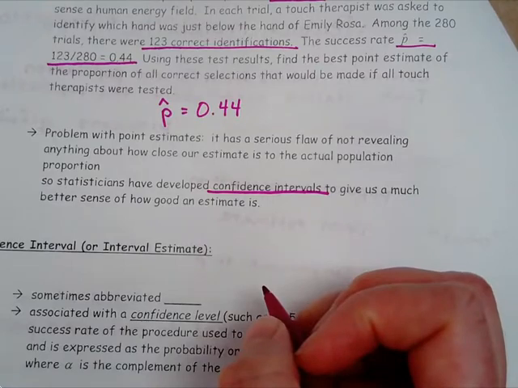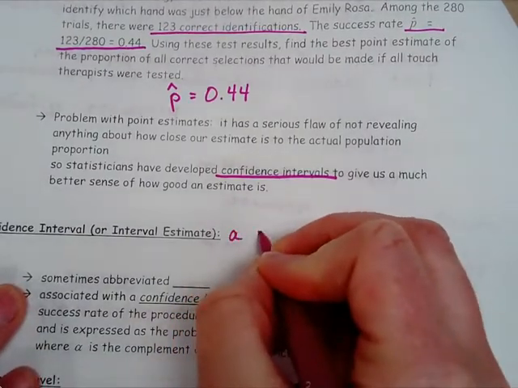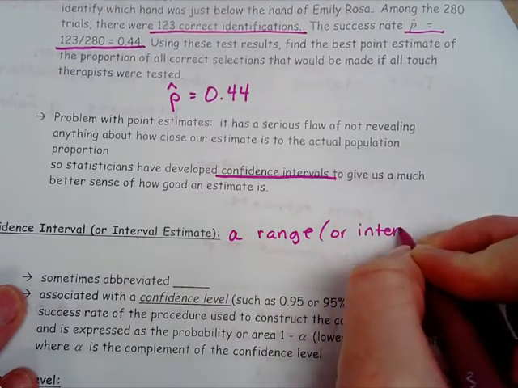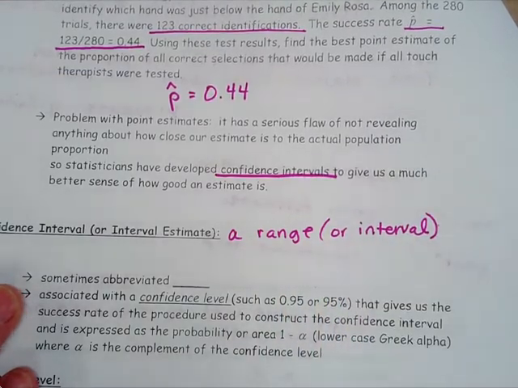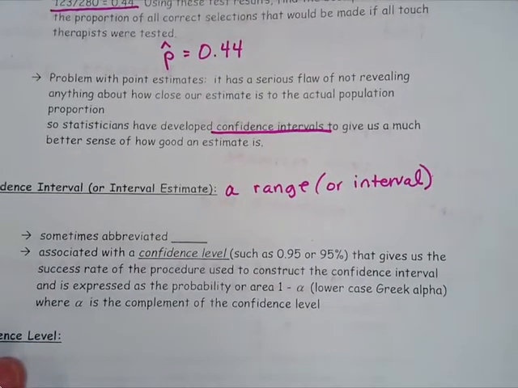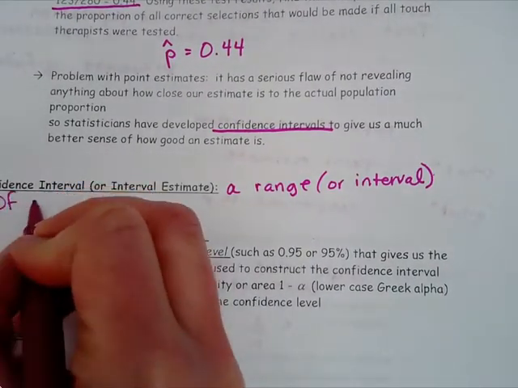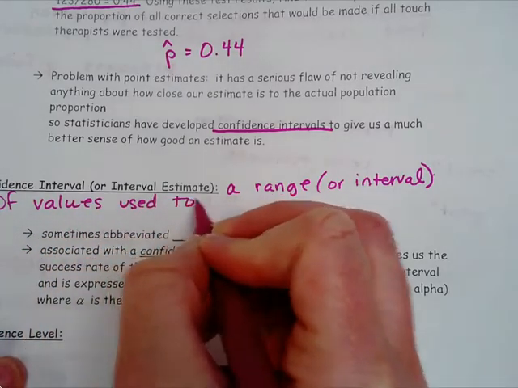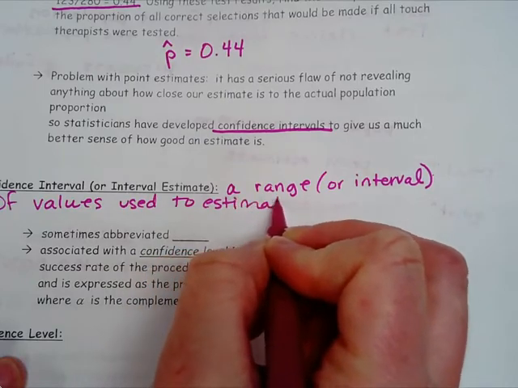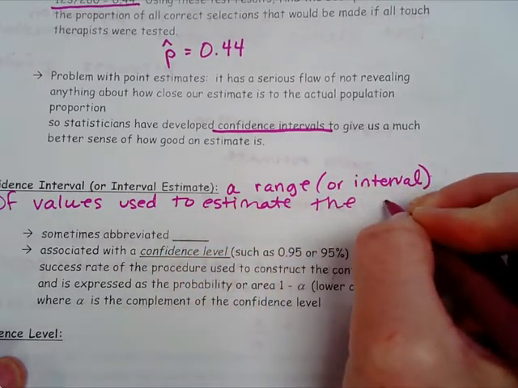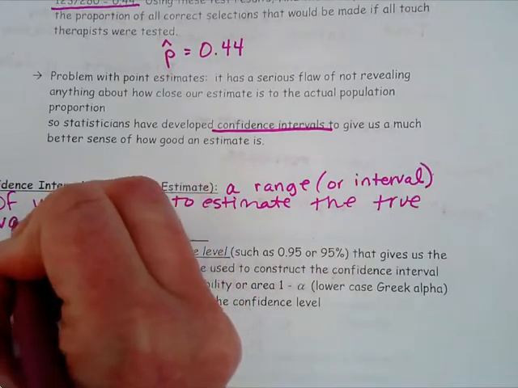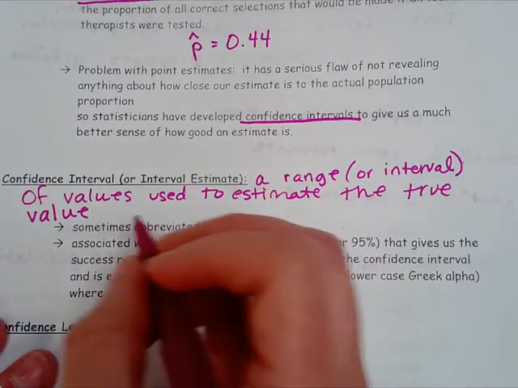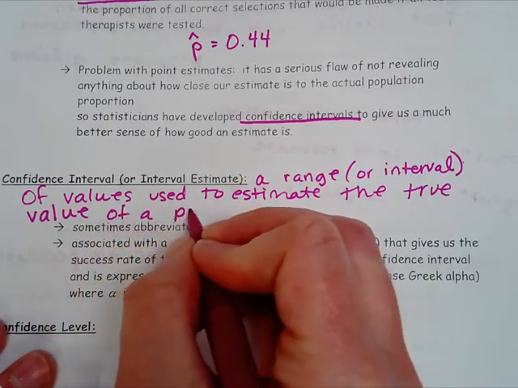So our confidence interval is a range or interval of values used to estimate the true value of a population parameter.